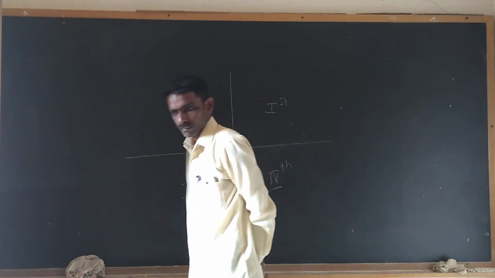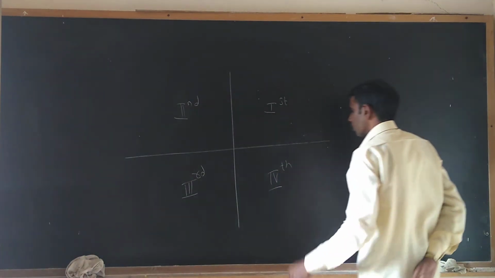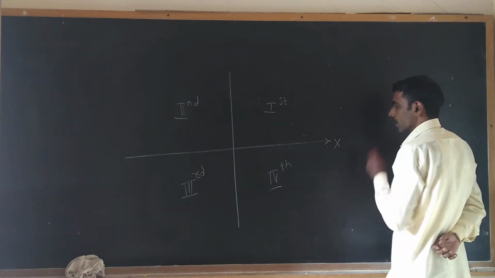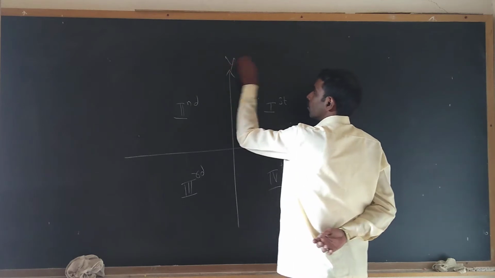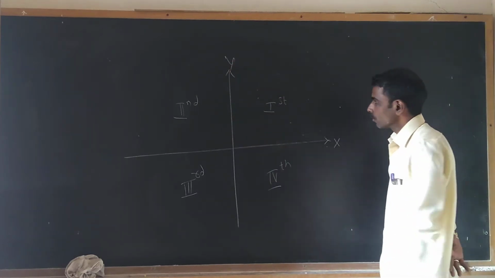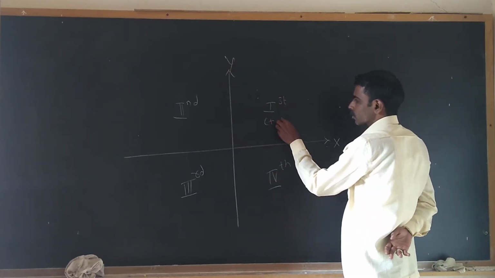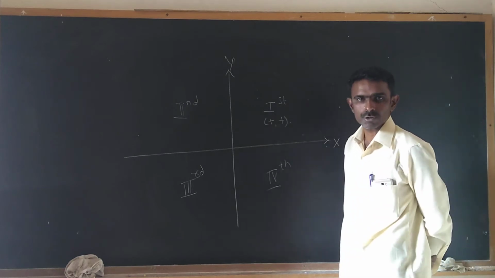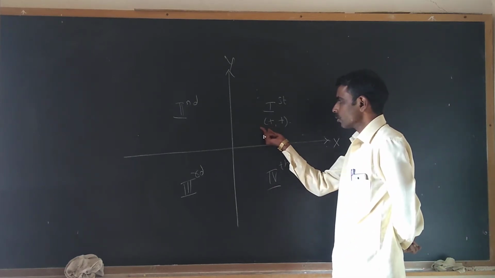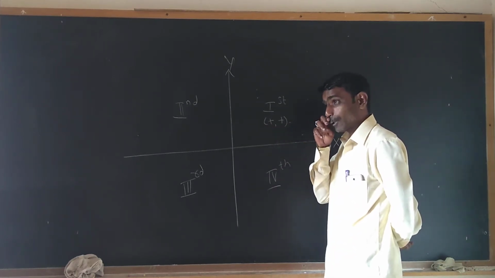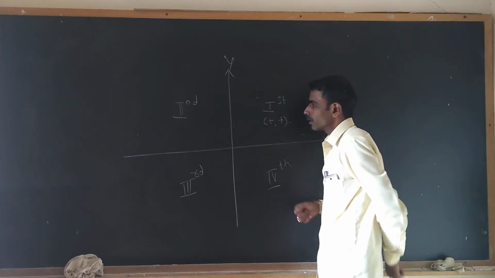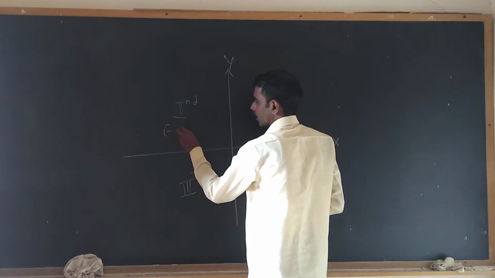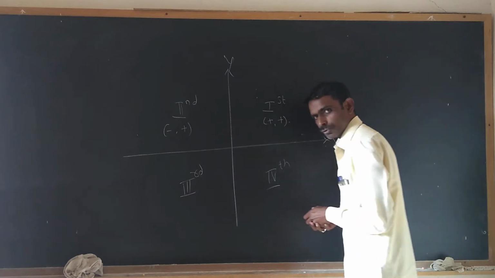This you all know. And you are having two axes that we call the x-axis and the y-axis. In the first quadrant, x will be positive as well as y will be positive. In the second quadrant, x is negative, y is positive.